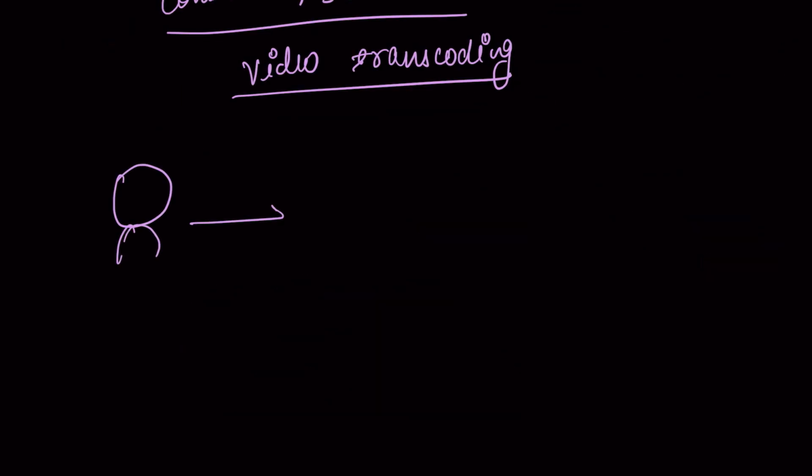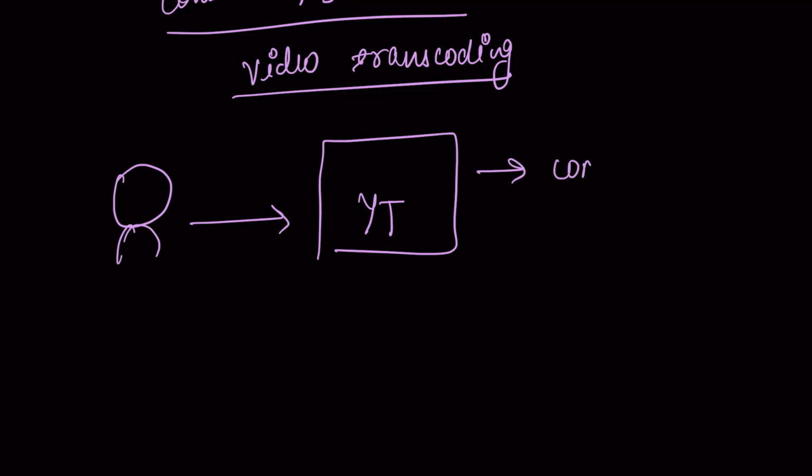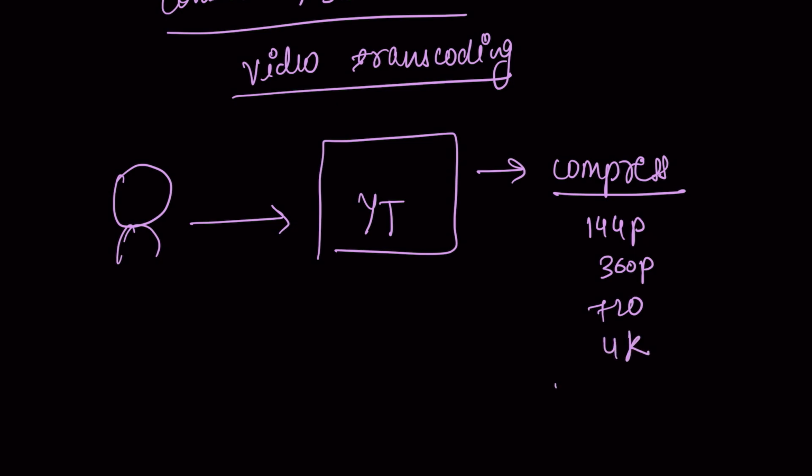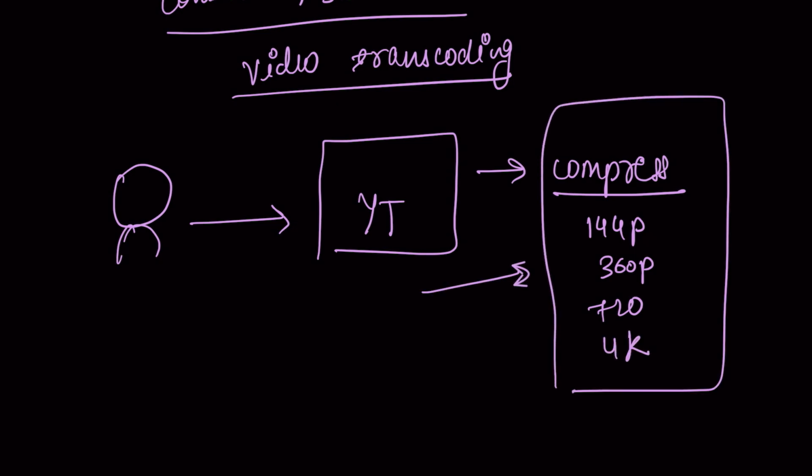And once the video has been uploaded by the user to YouTube, YouTube also needs to compress it into multiple resolutions, which I already told you, like 144p, 360p, 720p, and even 4K. And this is going to ensure that different internet speeds can stream the video smoothly.